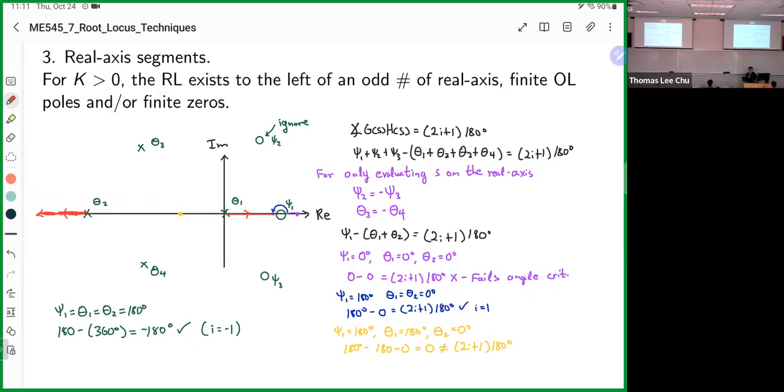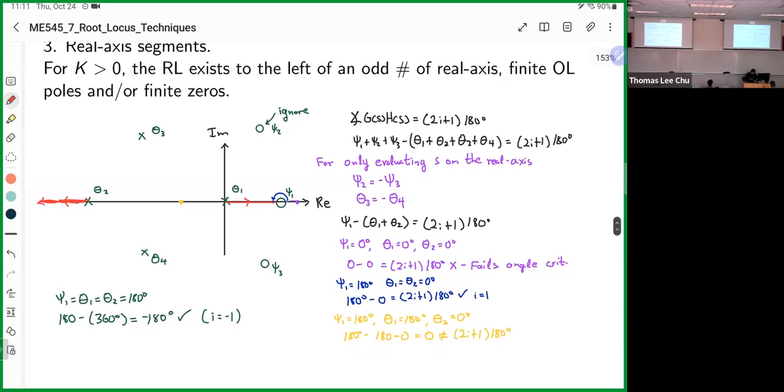Well, the second one where it's 180 and is at 0. You get 180 equals 2i plus 1 times 180, so i is equal to 1. Where? In blue?